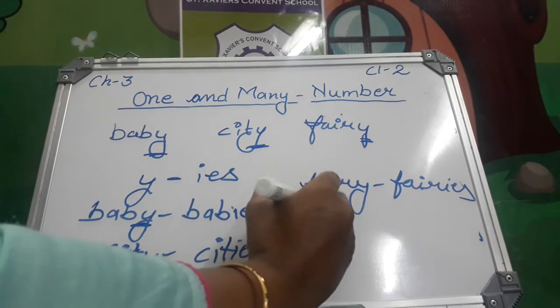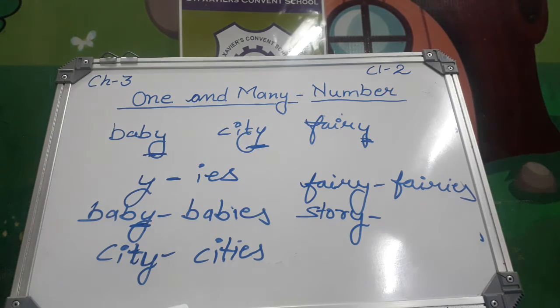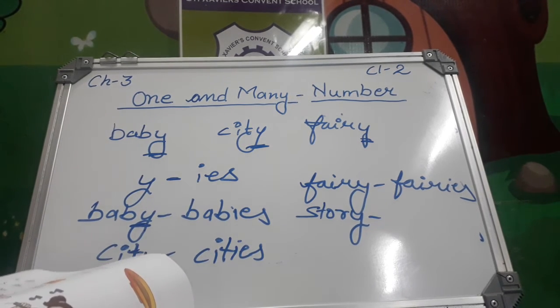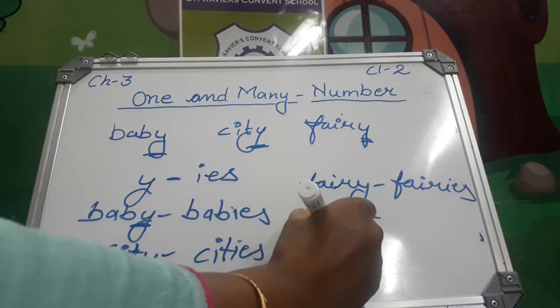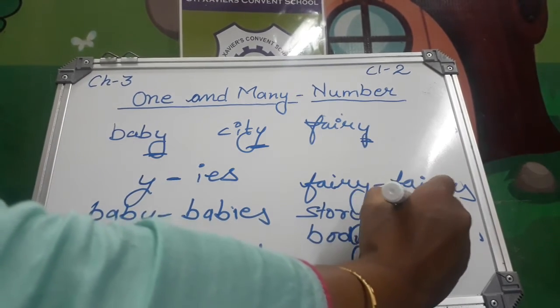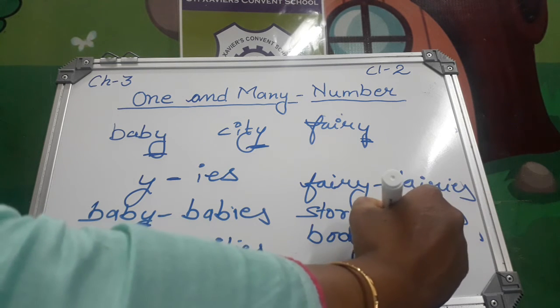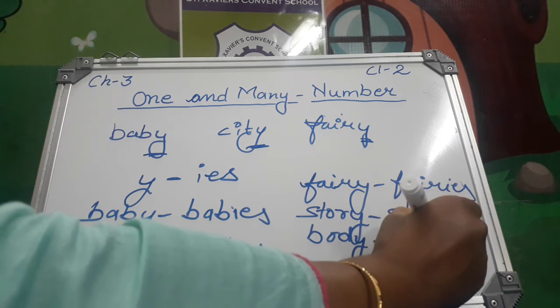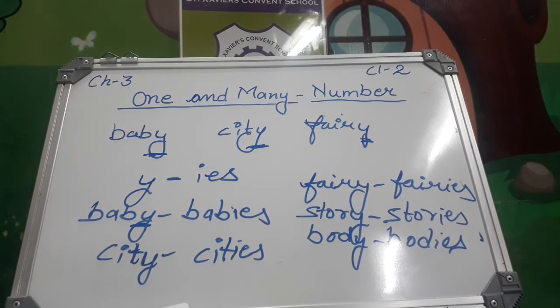Story, here are some more examples. Story, body. Story will be stories. Body will be bodies.